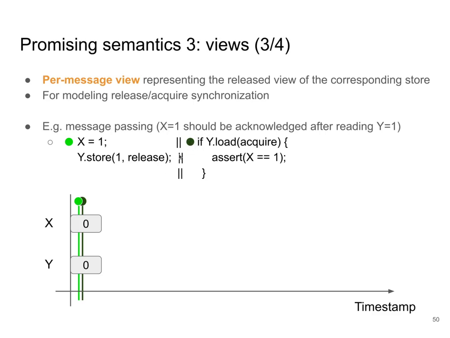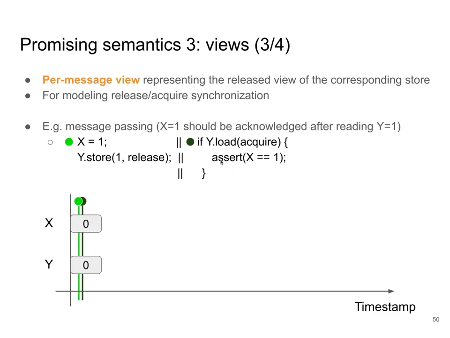So that's the reason why this thread should read x equals 1. It cannot read the old message because there is a release acquire, and x equals 1 should be propagated to the second thread at this time. So that's the reason why the assertion should succeed.